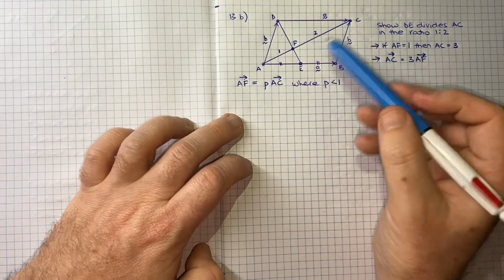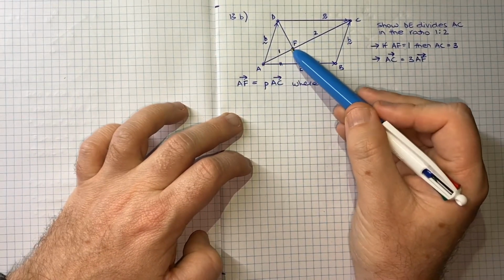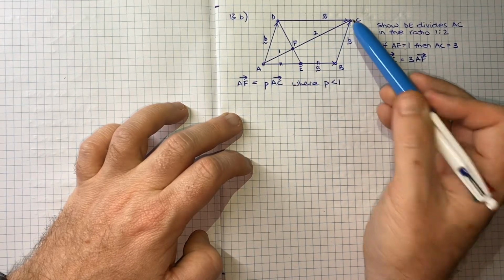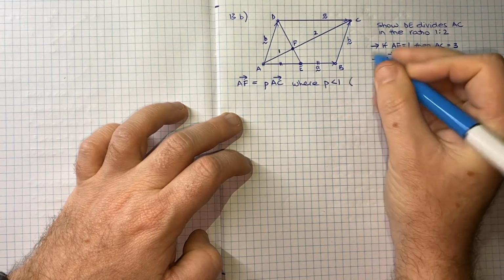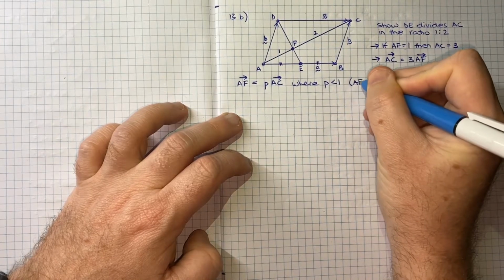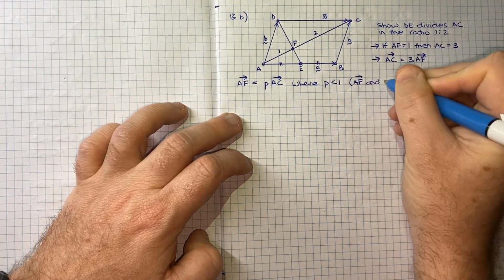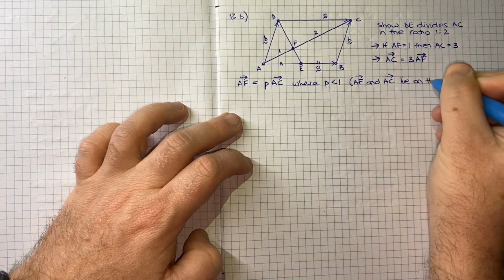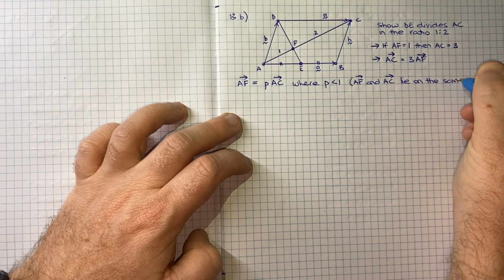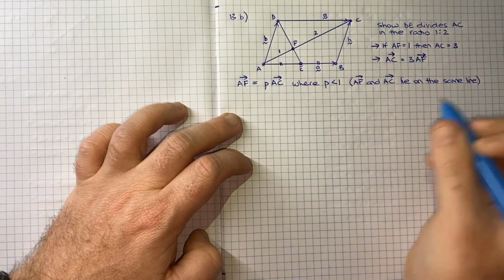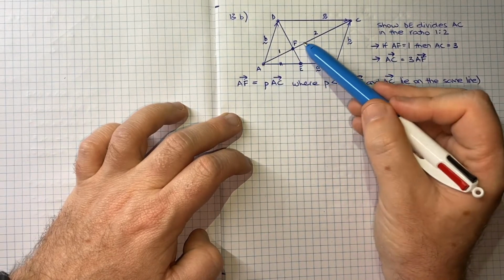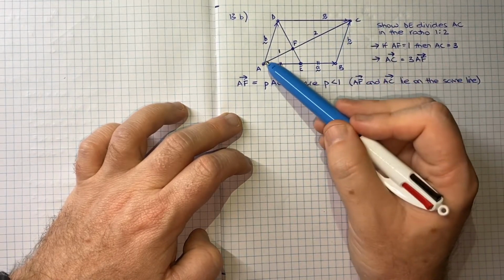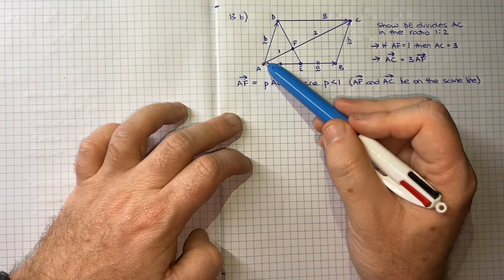In other words, the vector AF is some fraction of the vector AC, and we can say that because AF and AC lie on the same line. Basically, they have the exact same direction, and the only thing that differs between them is their length.